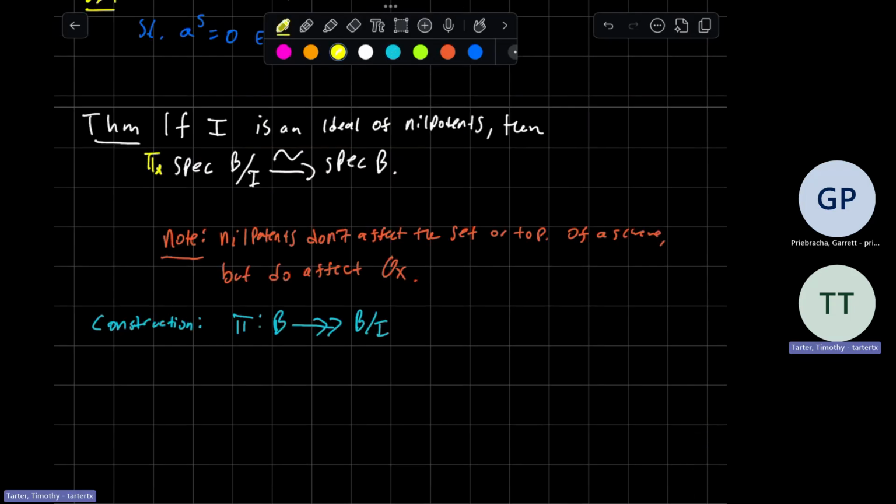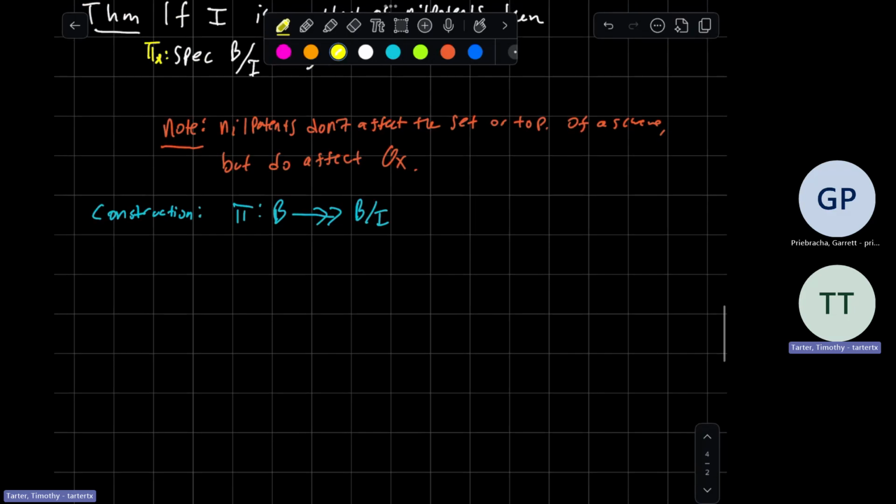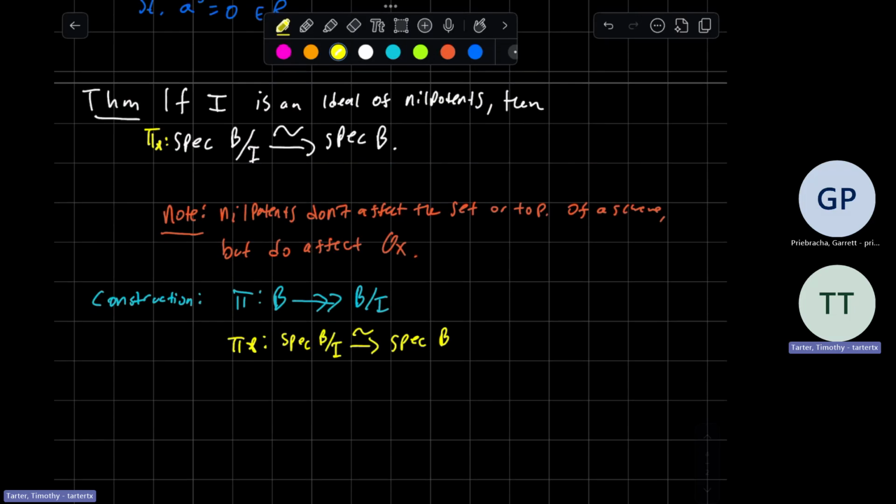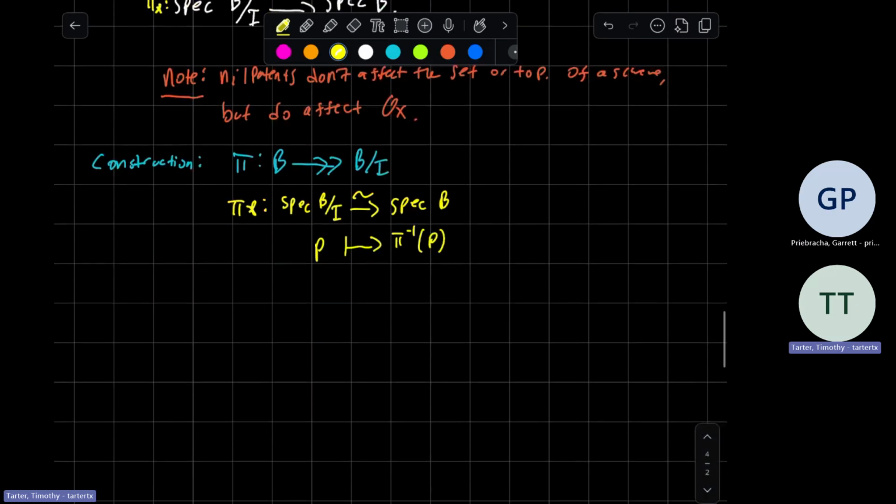I'm going to call this pi star. Then the induced map happens by P getting mapped to the inverse image of P.